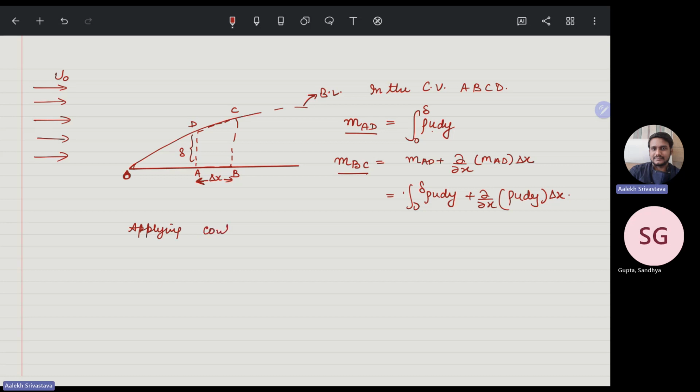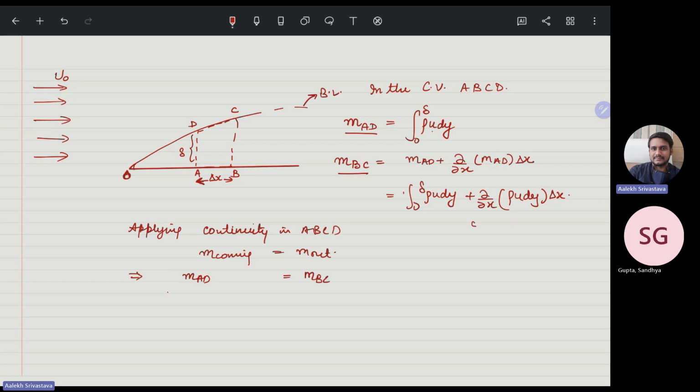or applying continuity in ABCD. So you can say that whatever mass is coming should go out. Now the mass that is coming is at steady state because no accumulation of mass is happening. So mass that is coming is mass of AD, and the mass that is going out is BC.